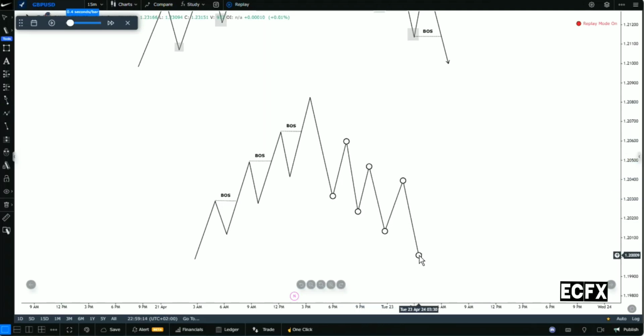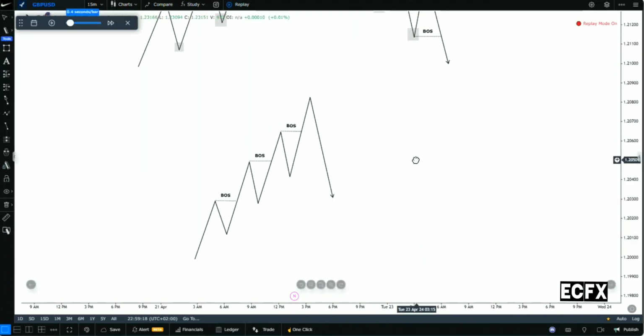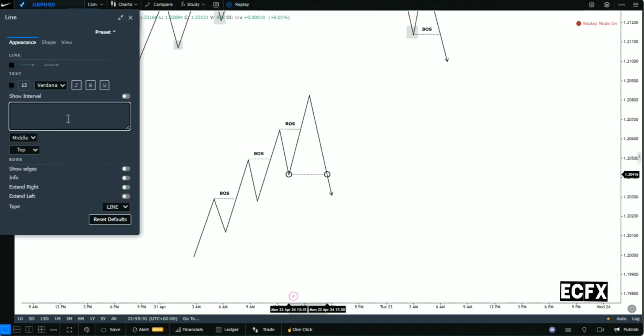So let's just talk about the market shift, right? So the very first break of structure is what I call a change of character, right?